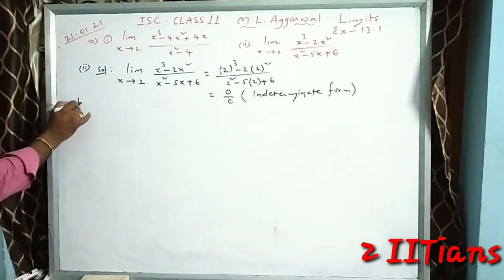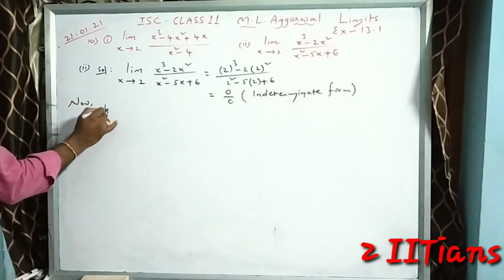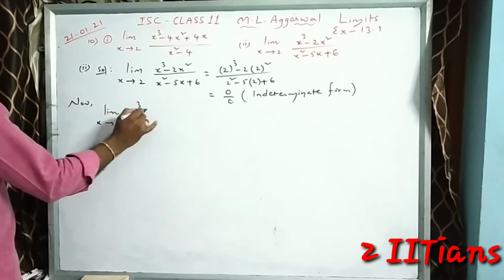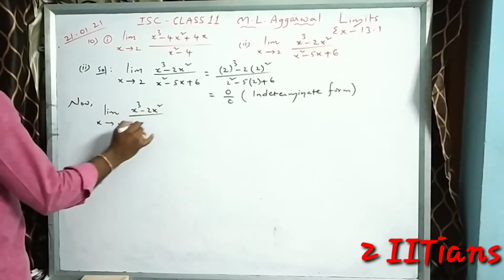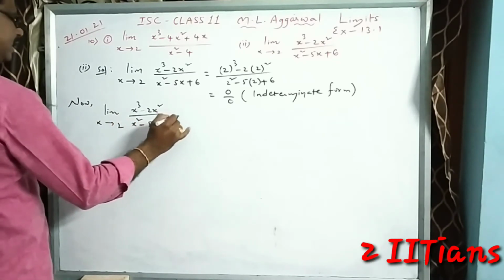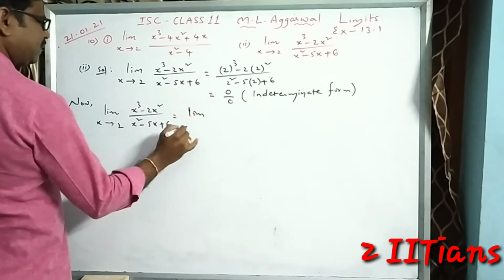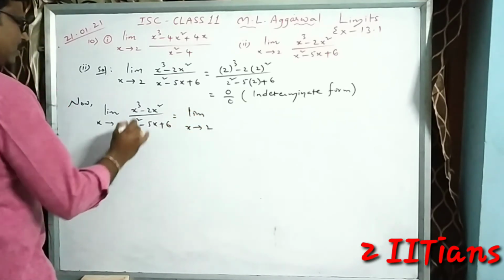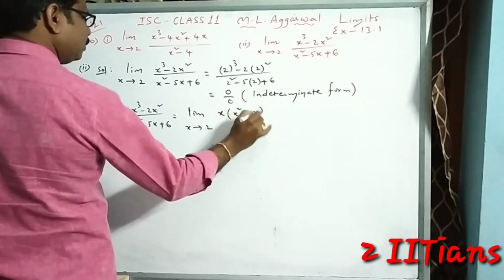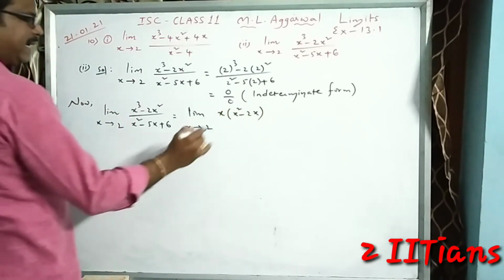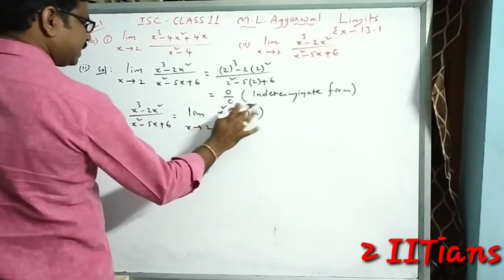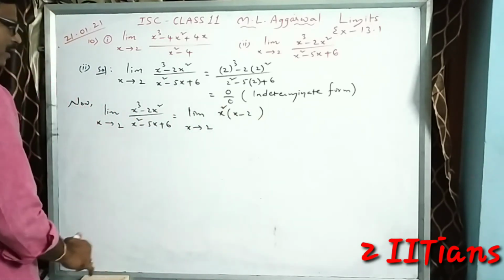Indeterminate form. What should you do? We have to proceed with another method. Limit x tends to 2, x cube minus 2x square upon x square minus 5x plus 6 equal to limit x tends to 2, take x common, x square minus 2x. Can we take x square common directly? X square is there, so x minus 2 will come, right?